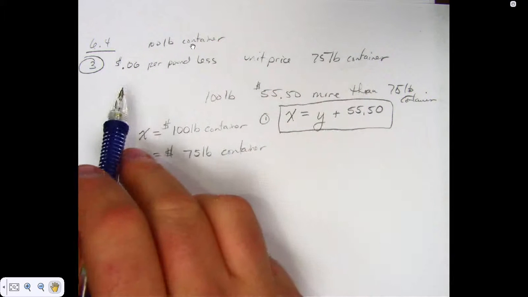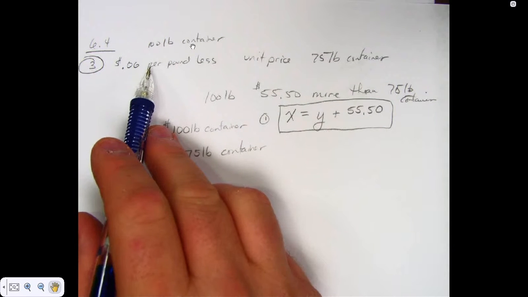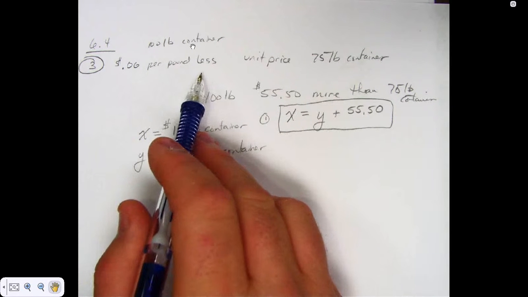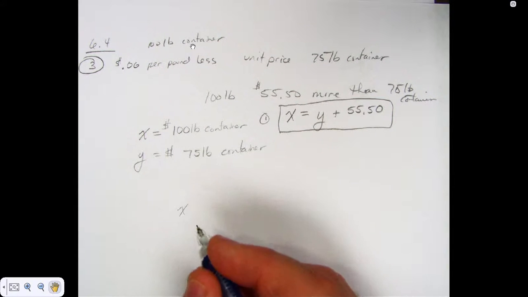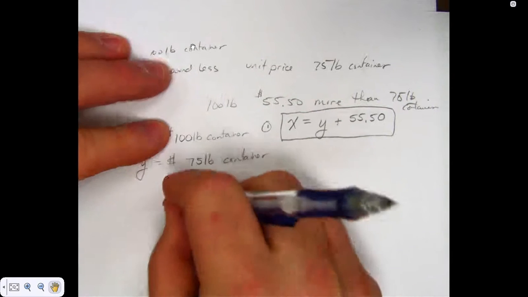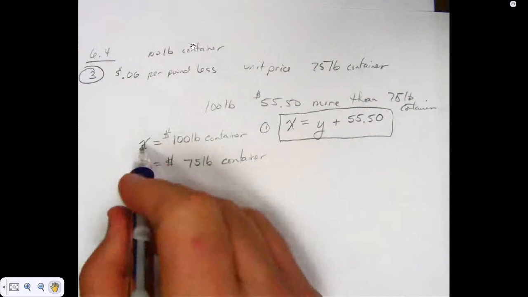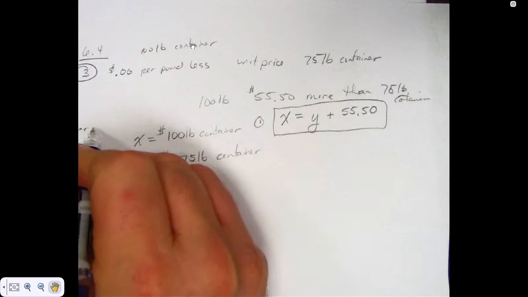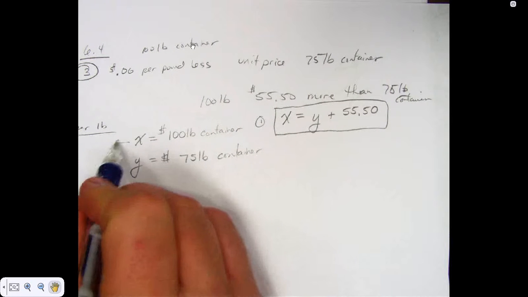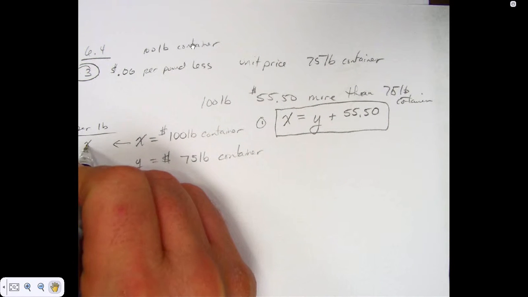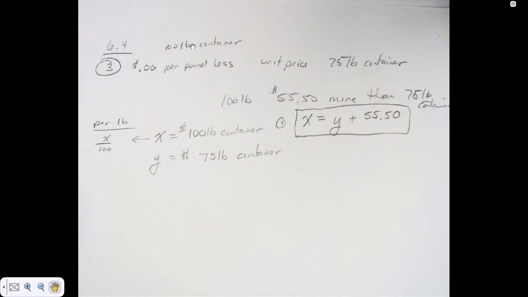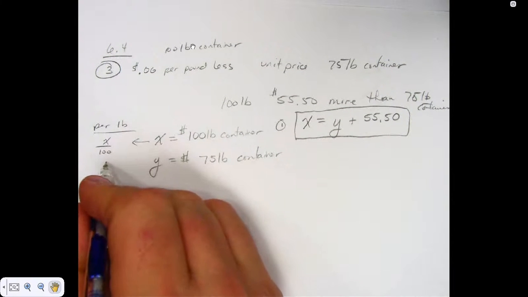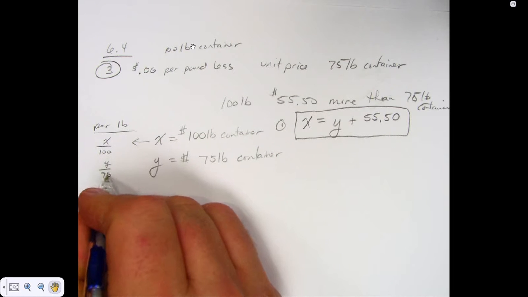We're going to figure out how to relate these. Well, the 100-pound container, its price per pound, let's say it costs x. Let's find the price per pound of each of these. For this one, it would be the price divided by 100, wouldn't it? Does everyone agree? What would the price of the 75-pound container be? y divided by 75.